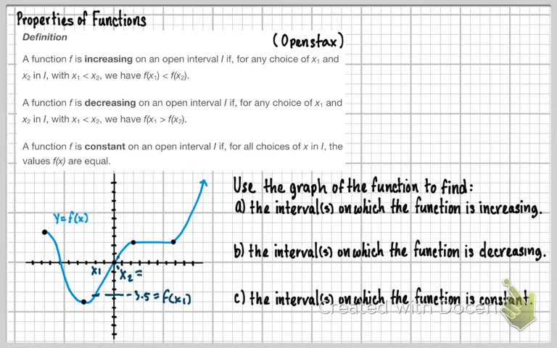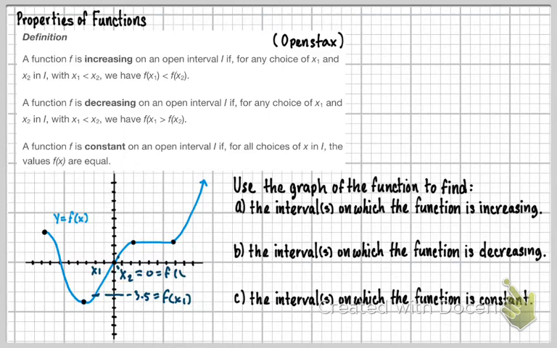So that's going to equal 0, and that's going to be my f of x2. So we can see that the y value when I plug in x1 is smaller than the y value when I plug in x2. So therefore, I can say, at least on that interval where x1 and x2 are, that it would be increasing.